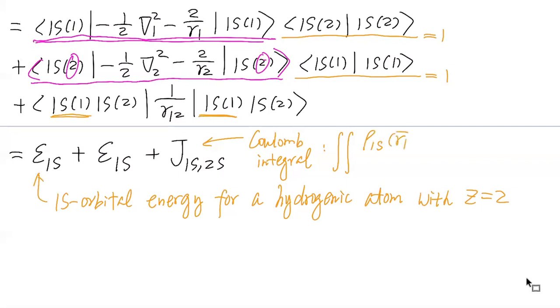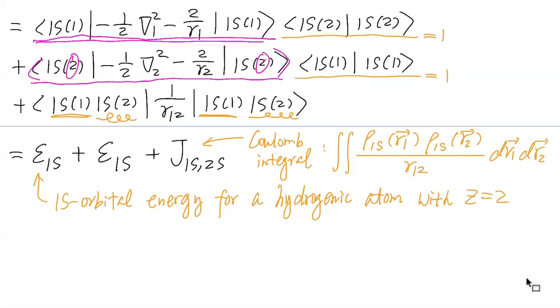And the variable, of course, here is R1. Similarly, 1s2 complex conjugate times 1s2 gives you the 1s probability distribution again, but here you're considering the second electron. Then divide by R12. dr1, this is for the first integral, and dr2, this is for the second integral.